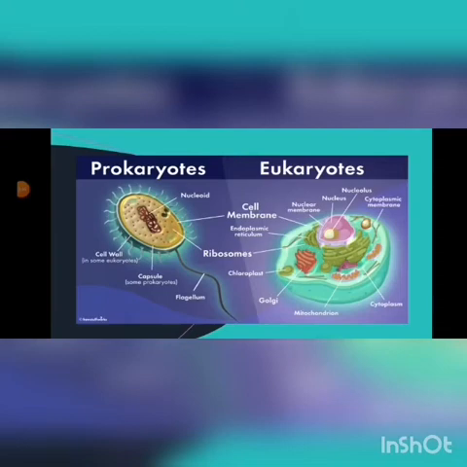For example, bacteria, blue-green algae. Eukaryotic cells: cells having a nucleus with a well-defined nuclear membrane. For example, plant and animal cells.